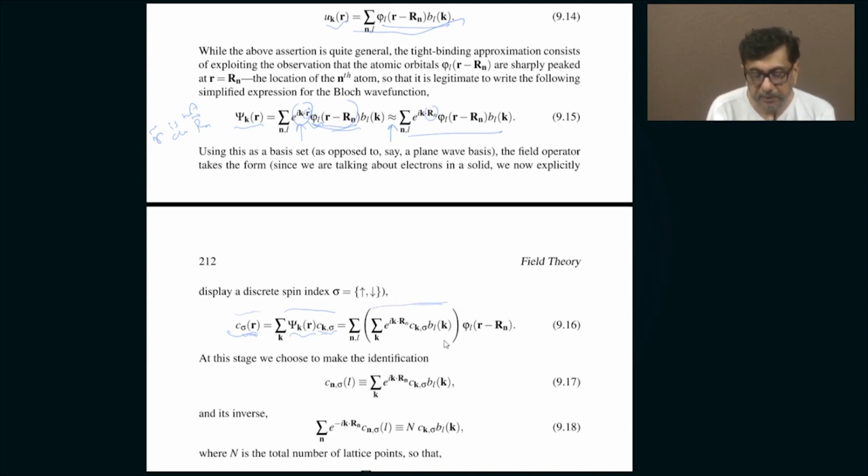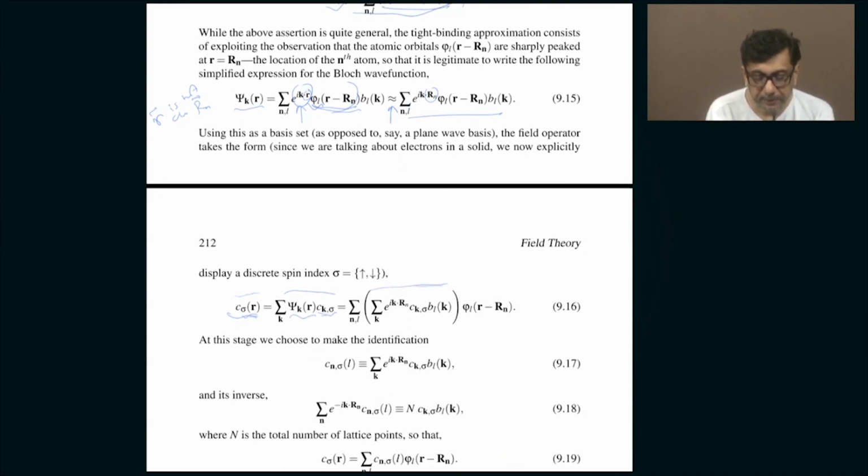This operator tells you that there is a linear combination of the annihilation operator written in terms of the momentum states, which has the interpretation of being the coefficient of that corresponding atom's annihilation operator. This is the annihilation operator for an electron in the entire crystal, but after having summed over k, the free labels are n and l.